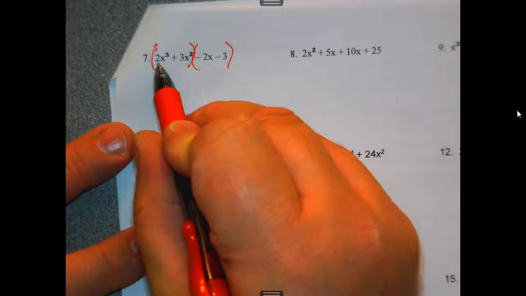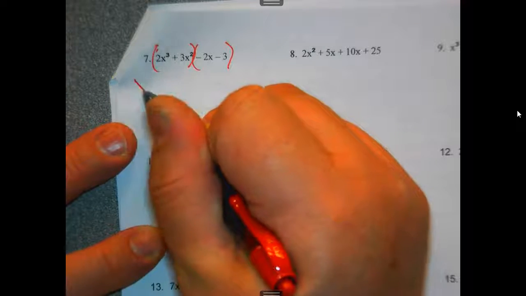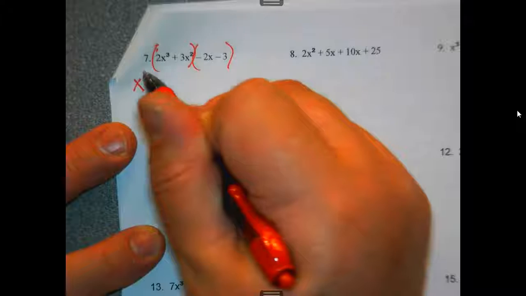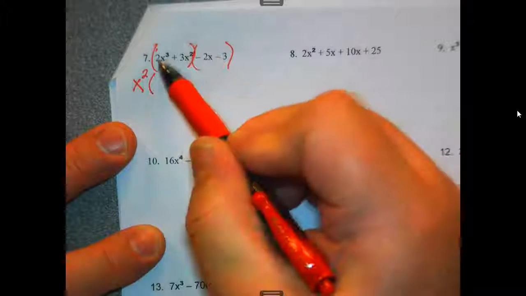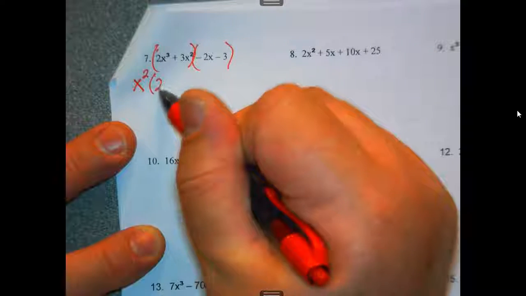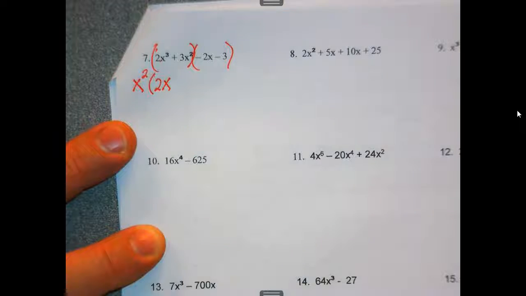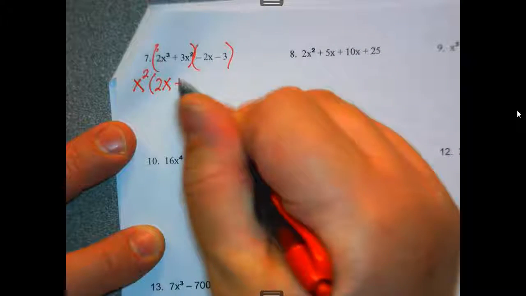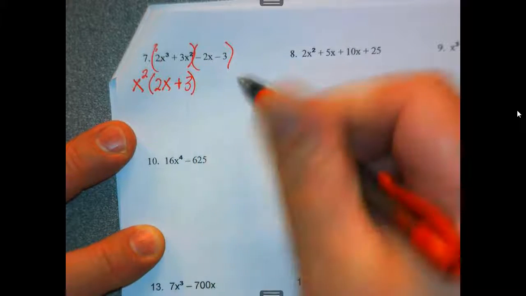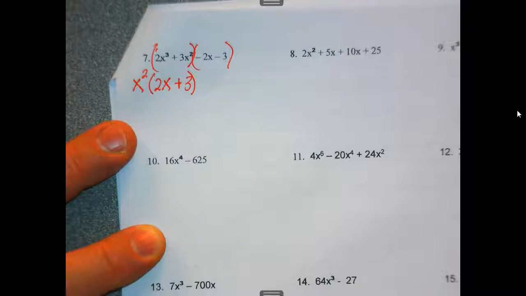What could I take out of 2x cubed and 3x squared? X squared. 2x cubed divided by x squared is 2x plus 3. What could I take out of negative 2x minus 3?